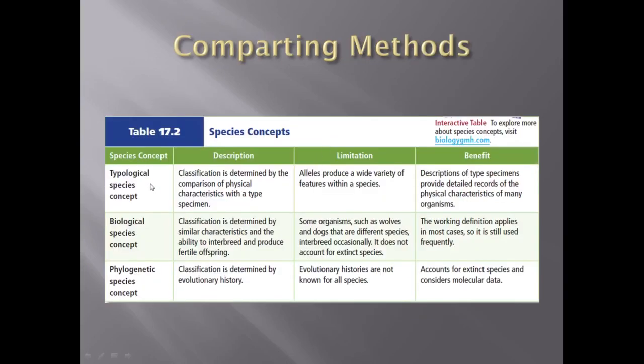And then you have what's called the typological species concept, which is basically saying, hey, do they look similar? And each one of these has a limitation and a benefit to it. So there's a lot to go on for this. I don't think I'm going to have you memorize this chart, but I will definitely have you refer to it in some of your activities later on, guys.